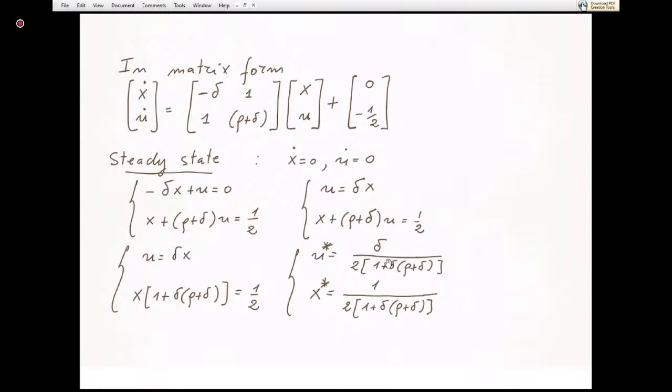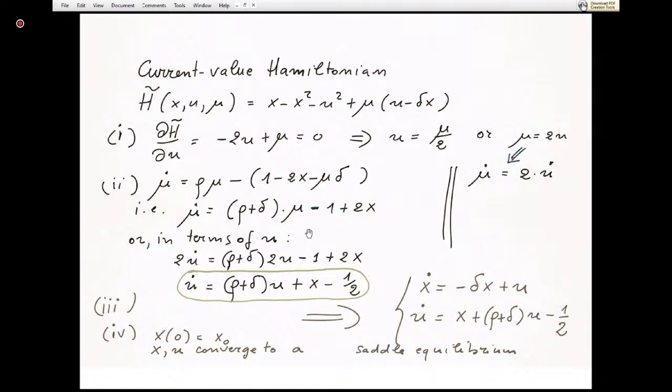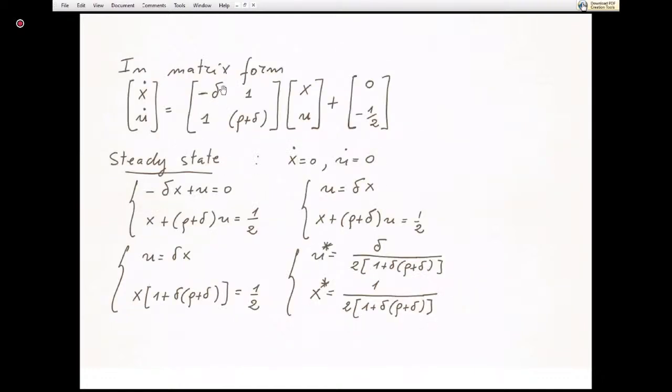This is a dynamical system, x dot, u dot, the two variables. If you look at the coefficients, you see that we have this matrix, minus delta, 1, 1, rho plus delta, times x, u, plus 0, minus 1/2, which are the constant terms. We do have a steady state, which can be obtained by setting x dot and u dot equal to 0.